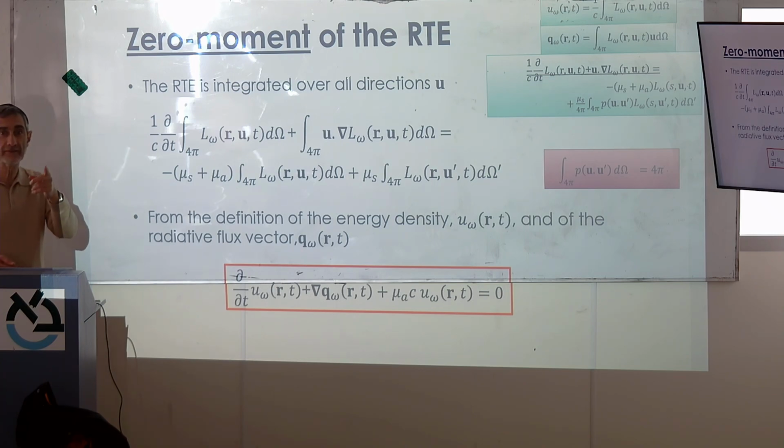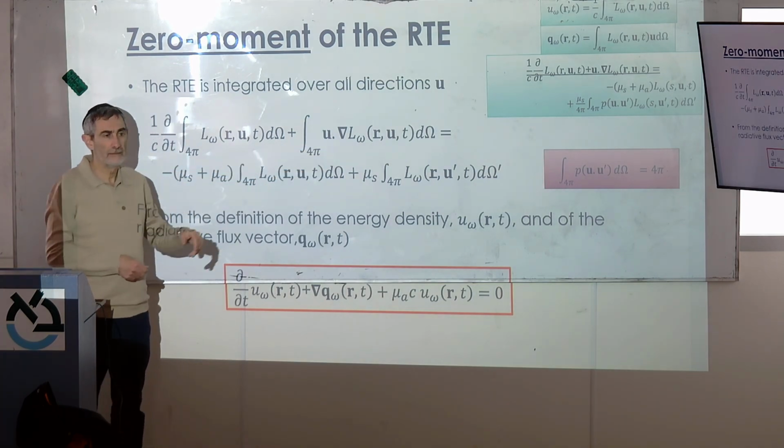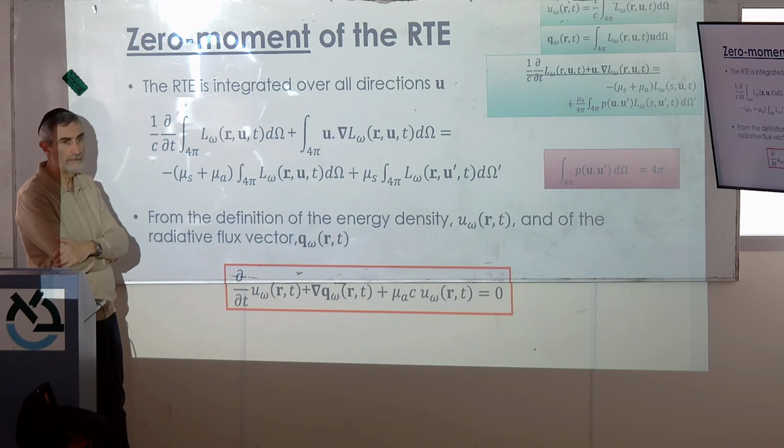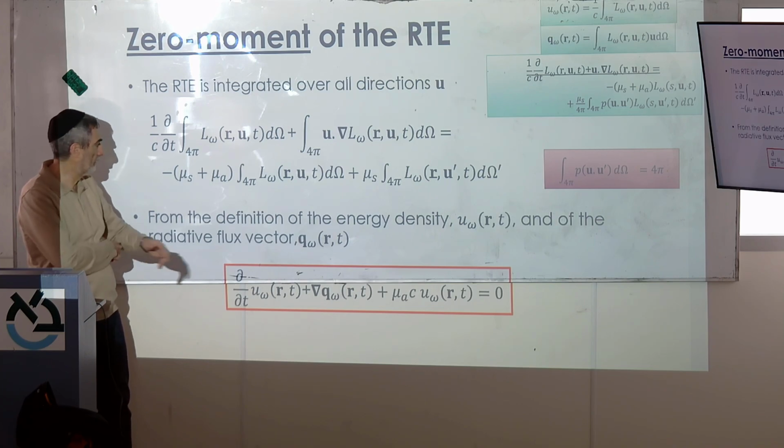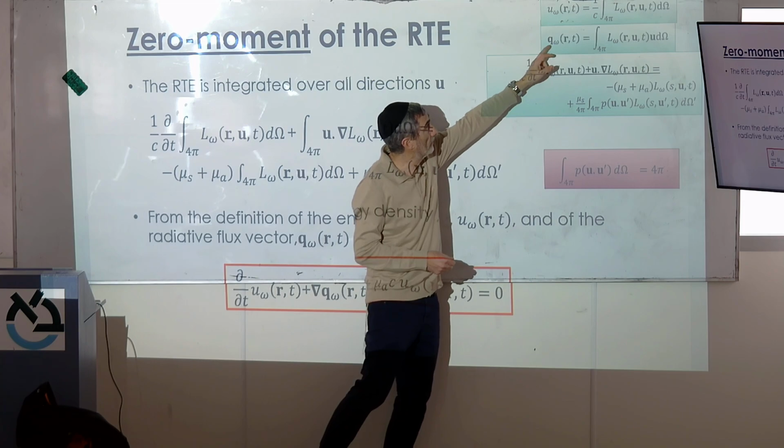Question? It's a technical question. In the second term, you took the nabla out of the integral and called it q of omega. It's not that I call it, we just recover the expression of q.